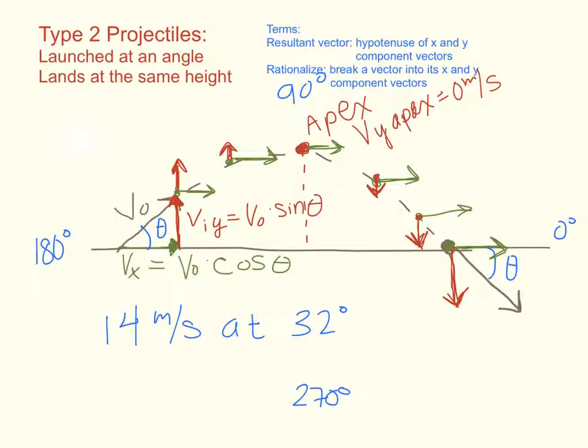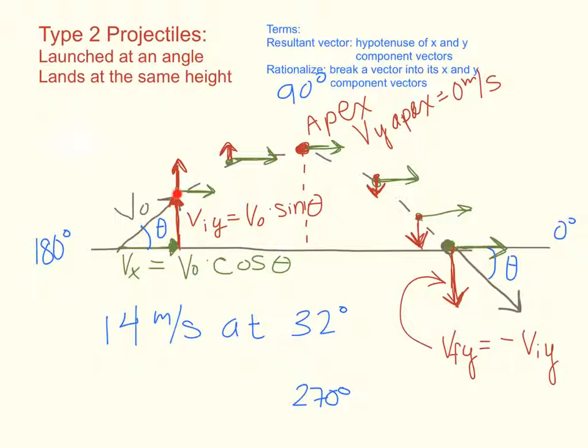So something that's really important to notice is that this final velocity, v final y, is equal to negative v initial y. So whatever you get at the beginning, v naught times sine of theta, for that initial velocity in the y direction, that's going to be equal and opposite to the velocity that you get at the end, your final vertical velocity.